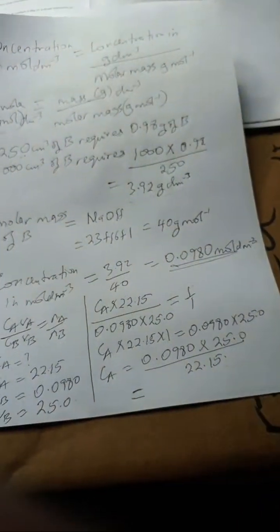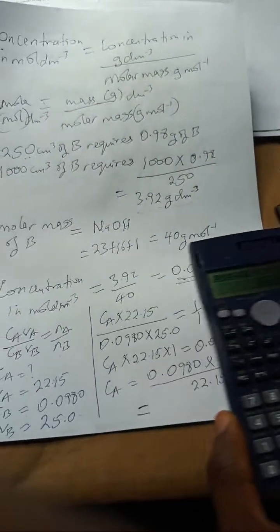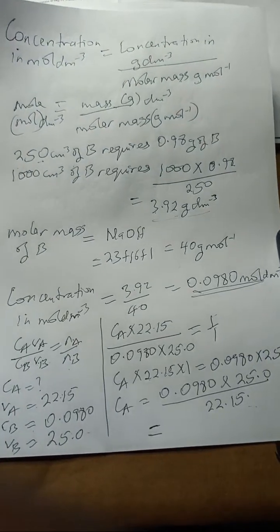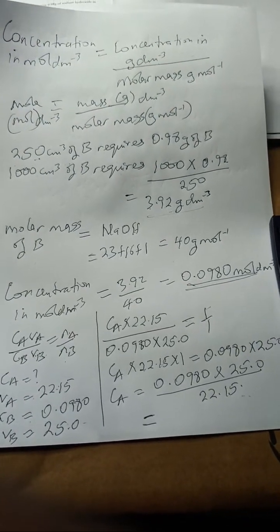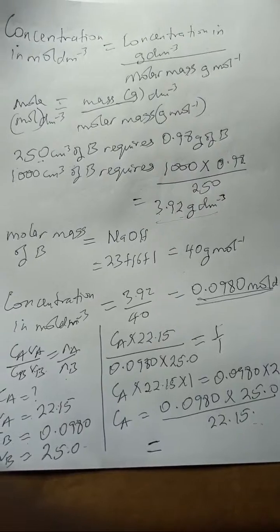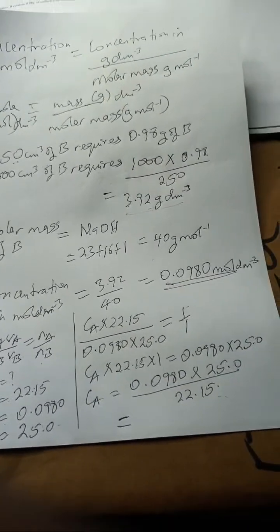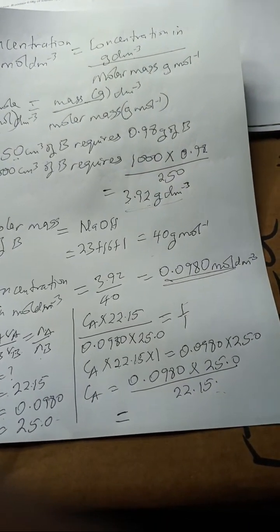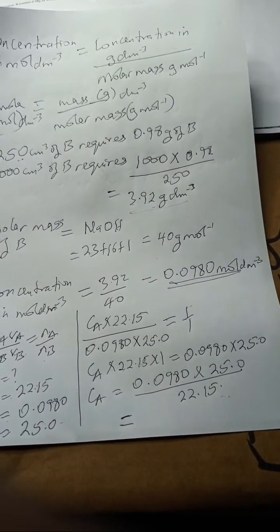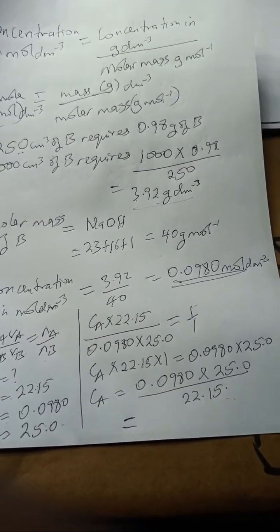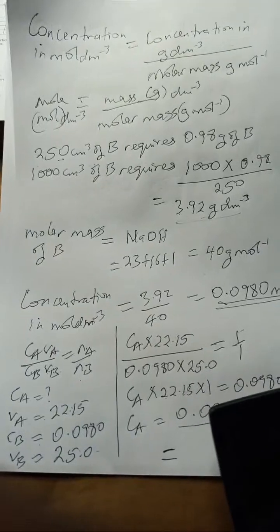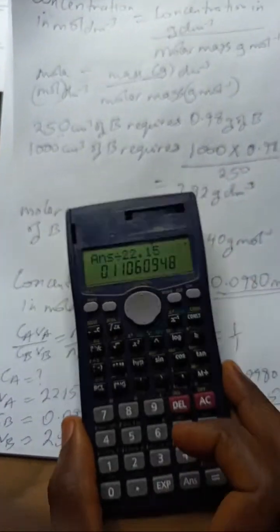So when we do this calculation, 0.098 times 25 divided by 22.15, our answer here is 0.1106.